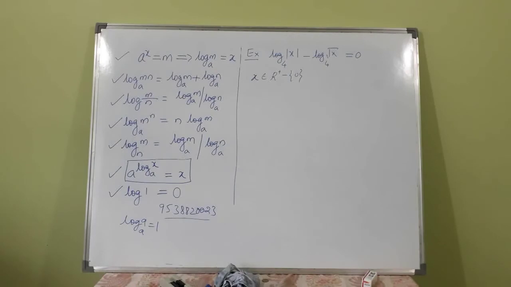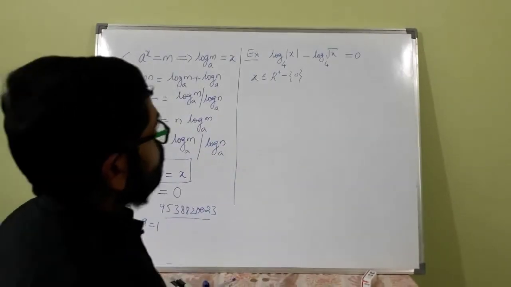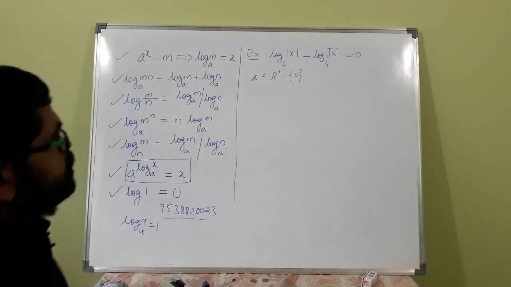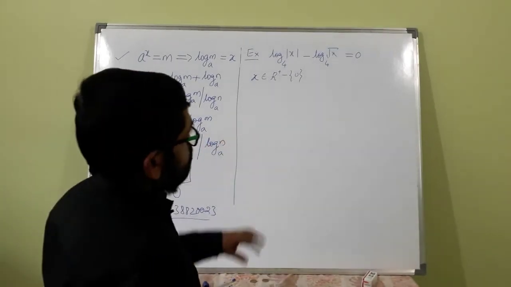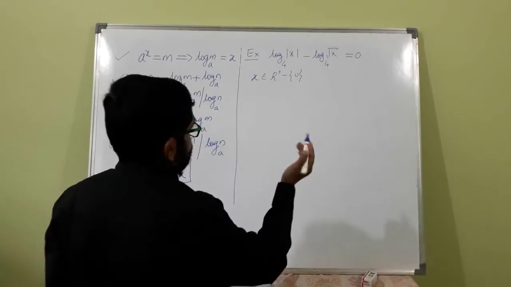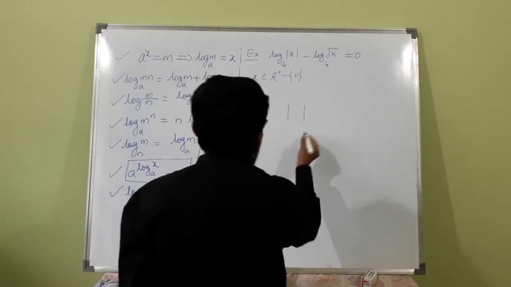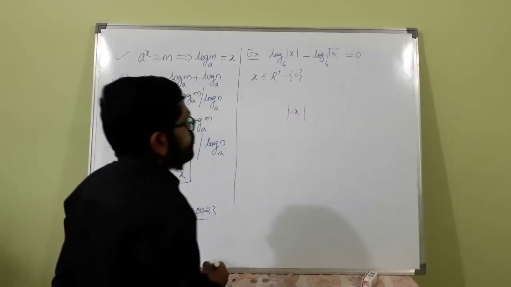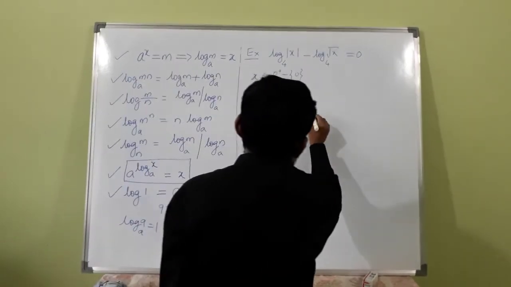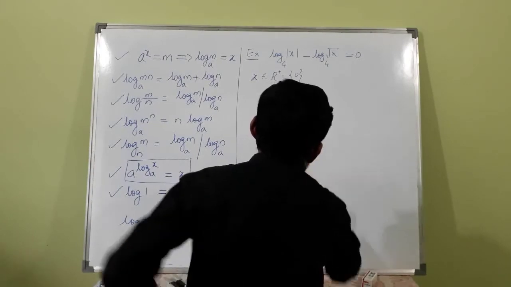Log modulus of x to the base 4, log root of x to the base 4 is equal to 0. See here, do you know modulus of x? Suppose you take minus of modulus of x, this will be positive, plus of minus x, this is positive, whatever it may be.